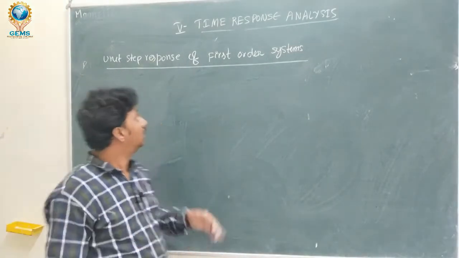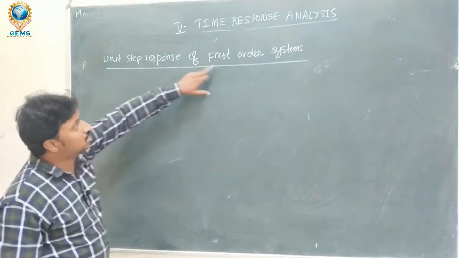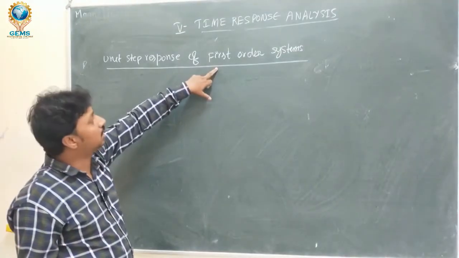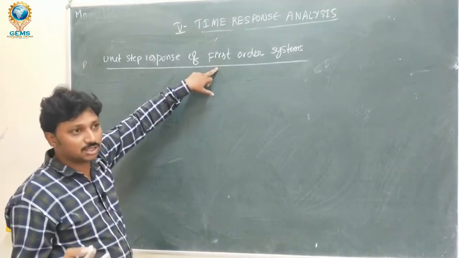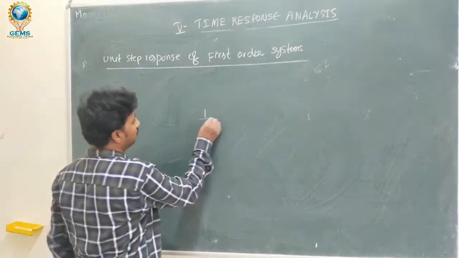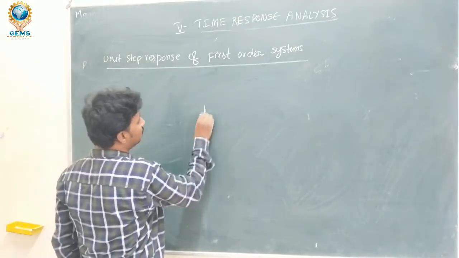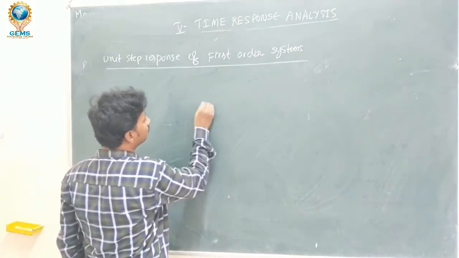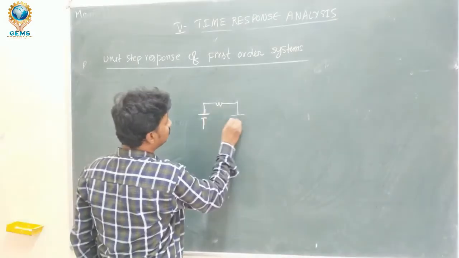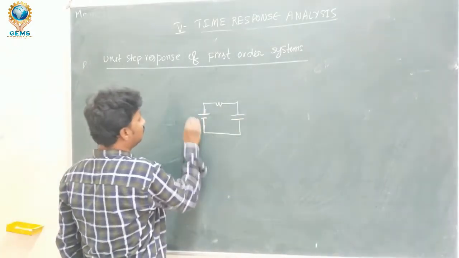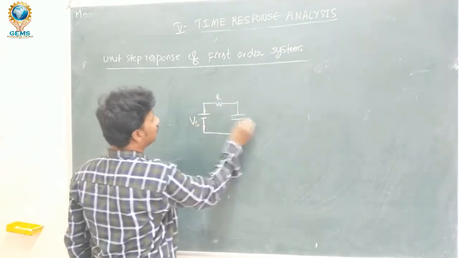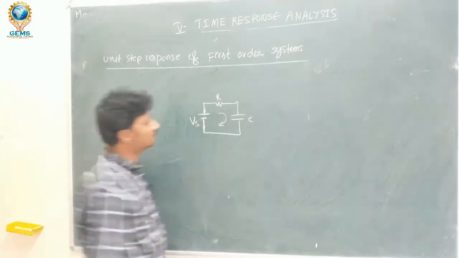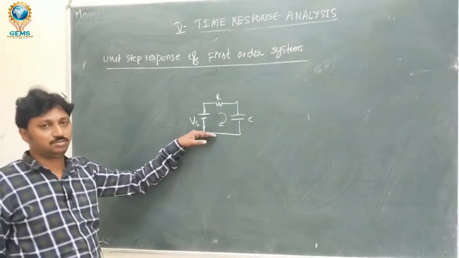Likewise. For a first order system, take any physical system, for example, an RC network. This is the electrical circuit.